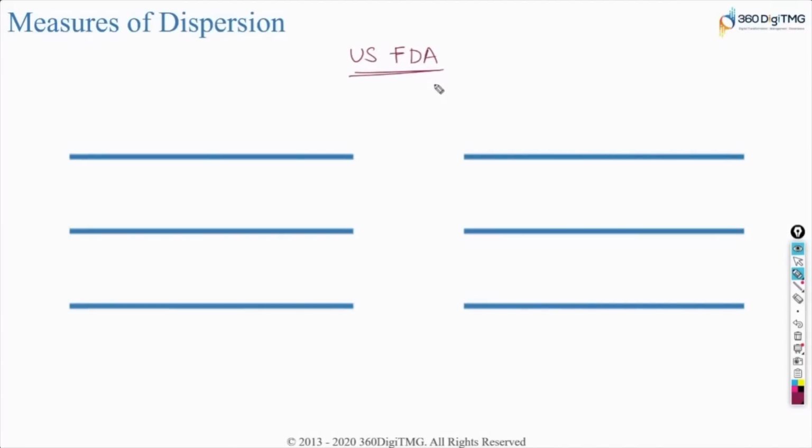Any food that you consume or any drug that is released in the market, majorly, it will undergo US FDA approval. That's like quality body for food and drug.